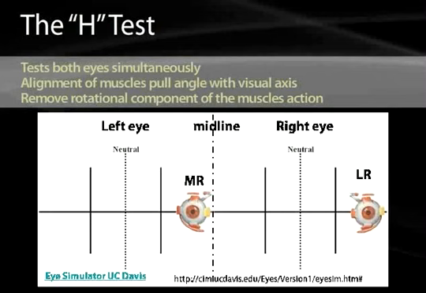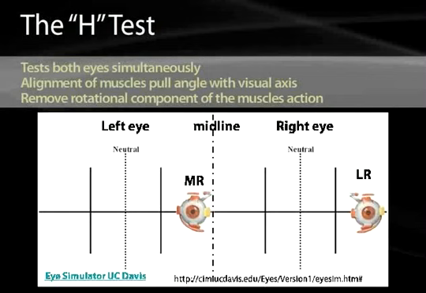Then when you come down, you would do the inferior rectus on the right eye and the superior oblique on the left eye. It's this down and in function that gets lost when you have a superior oblique injury or a trochlear nerve injury. So the H test is thereby testing both eyes simultaneously, and as soon as you cross the midline to do the other side of the H, you'll test them in reverse of what we just did.